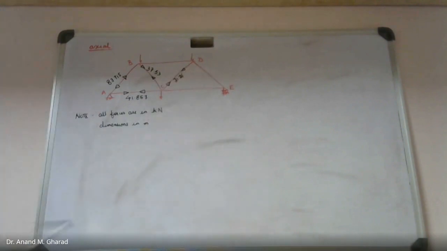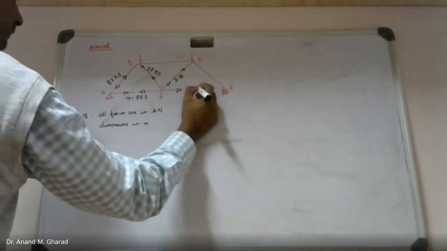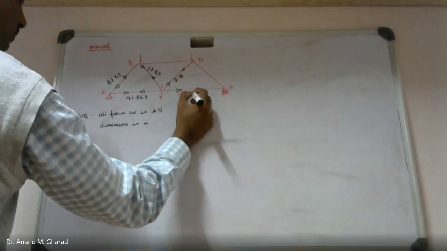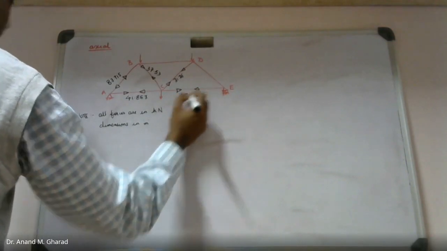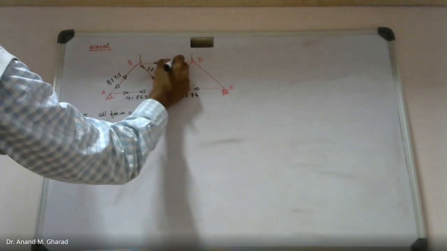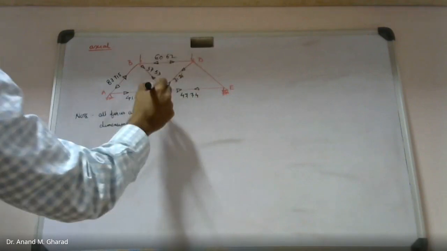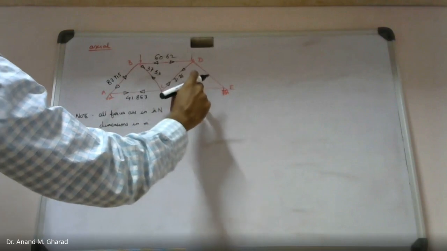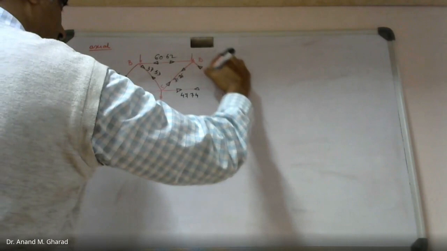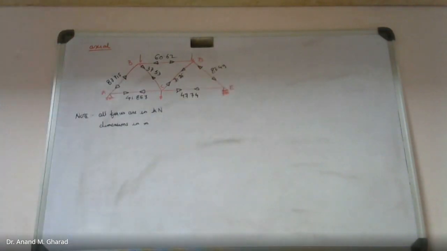Then member CE, I am getting this value to be 47.74. For member BD, this comes out to be 60.60. And for this member DE, this value is 83.49. Okay. So these are the values.